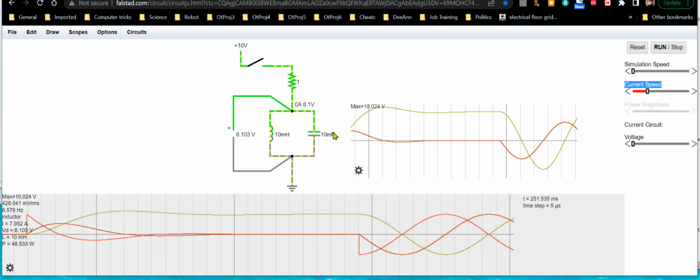So that's also why I tried using the same value for both of these, so it's less confusing. If I did like 100 millihenry and 100 millifarad here, I'd want 100 millihenry there too, just so these things are all equal magnitude.